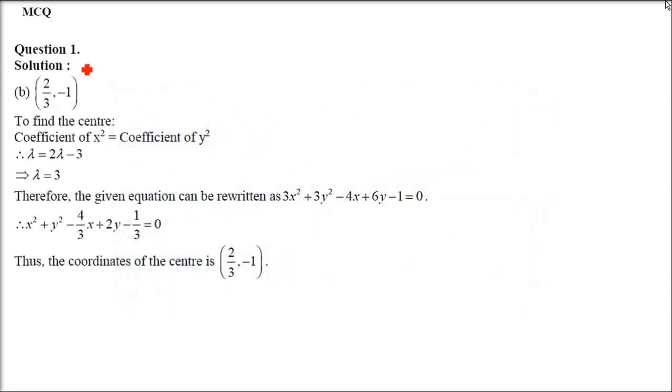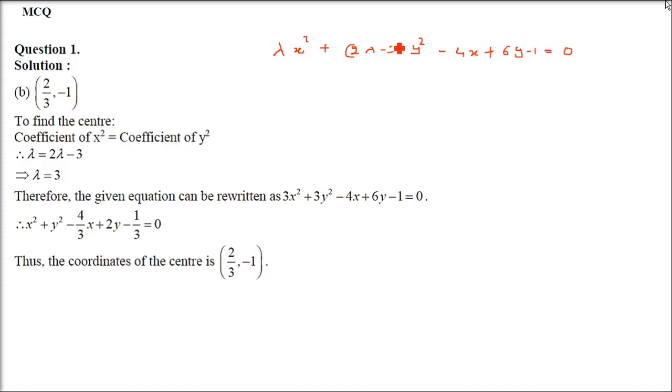The first question is, if the equation of a circle, lambda x square plus 2 lambda minus 3 y square minus 4x plus 6y minus 1 equals 0, then the coordinates of the center are.